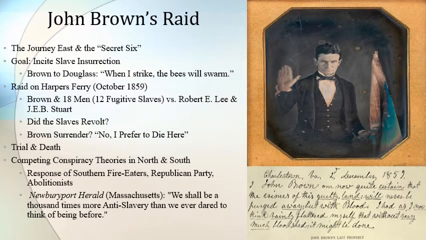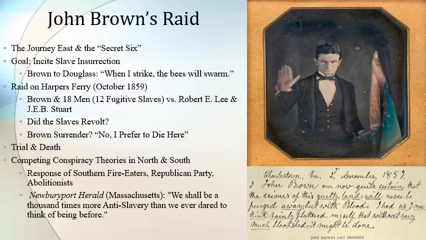We're going to begin our story by returning to a figure that we talked about in the last lecture, and that was John Brown. If you remember in the previous lecture, we talked about John Brown's involvement in the violent outbreak that occurred in Kansas over that state's future in terms of whether slavery would exist or not exist in that territory.